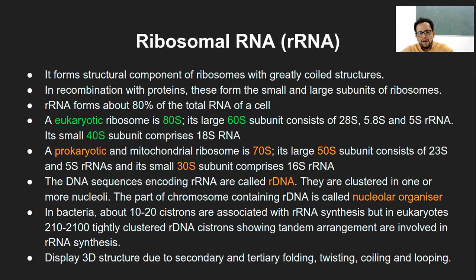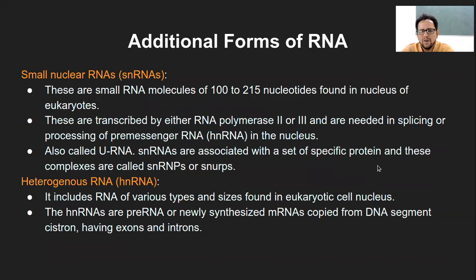Okay, so we will move on and try to finish the other additional forms of RNA. There is something called small nuclear RNA, shortened as snRNA. These are small RNA stretches of almost 100 to 250 nucleotides found in the nucleus of the eukaryotic cell.